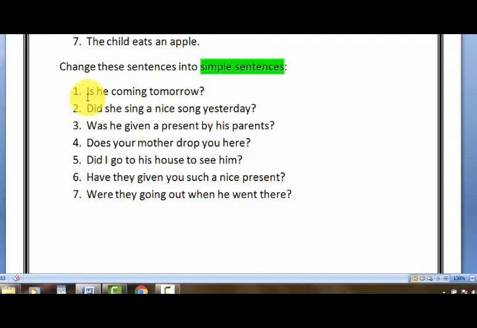Is she sang a nice song yesterday? Was he given a present? Was he given a present by his parents? Does your mother drop you here? Did I go to his house to see him? Have they given you such a nice prize? Were they going out when we went there?